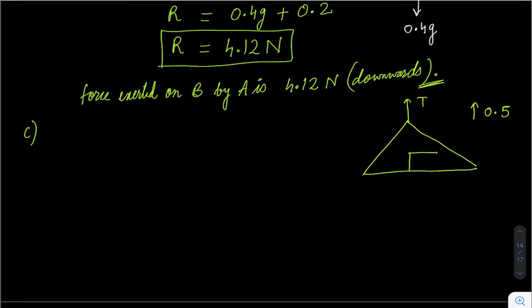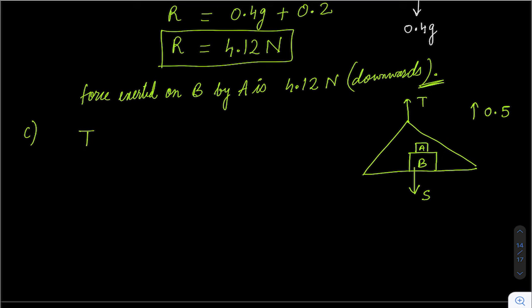So this is my mass B, this is my mass A. Let's say B is exerting a force of S on the scale pan. My tension T is there, my acceleration of 0.5 in the upward direction is there, and mass B is exerting some force on the scale pan. We don't know the value, we have to find it out. Let's assume that as S.